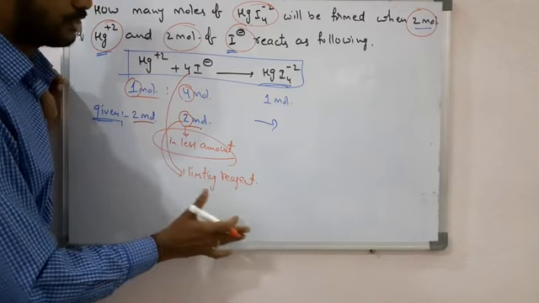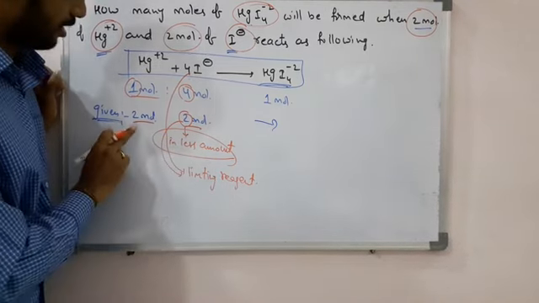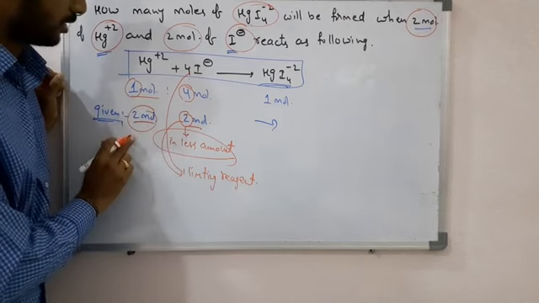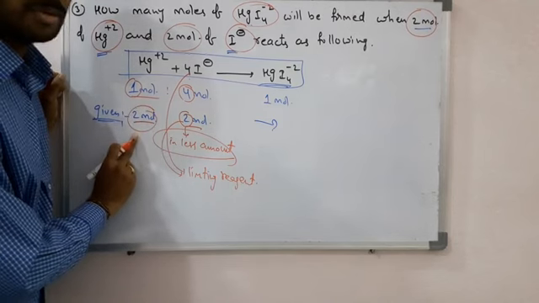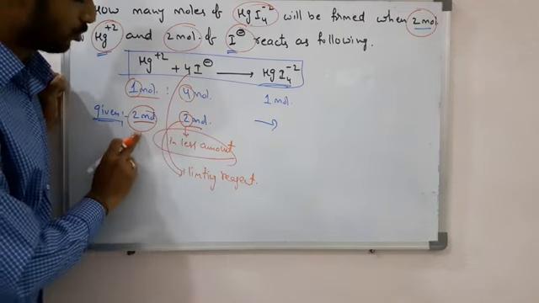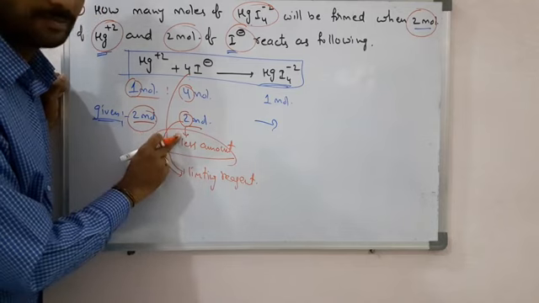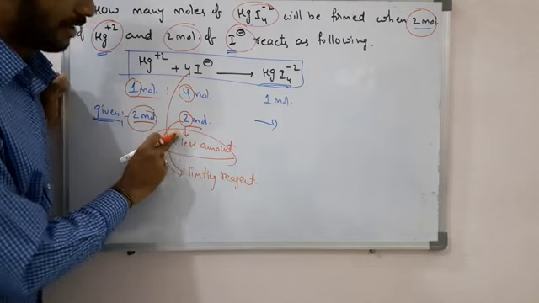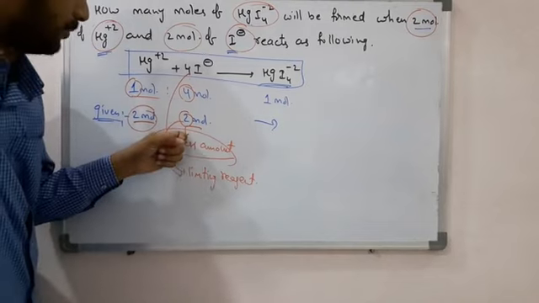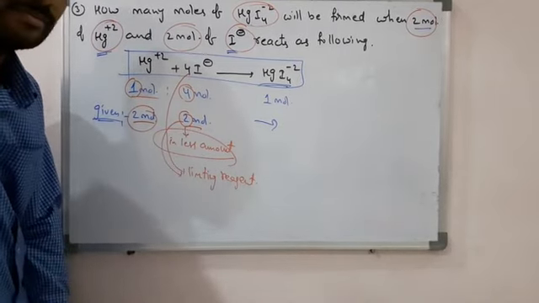Now we continue the problem with this I minus. Just leave the value of the 2 moles of Hg plus 2 because it is in higher amount. This total amount cannot react with I minus, because 2 moles of Hg plus 2 requires 8 moles of I minus, but the availability is only 2 moles. Means this 2 moles of I minus is totally consumed.